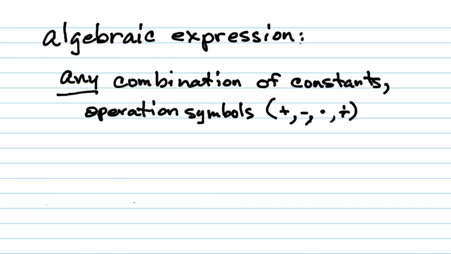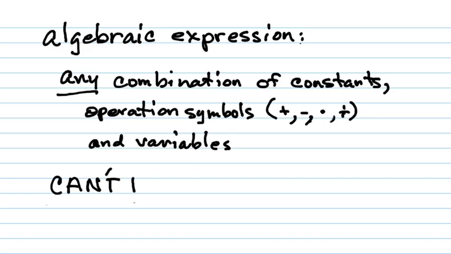Okay? Now, so a combination of constants, operation symbols, and variables. Any combination of those can make up an algebraic expression. But what it can't have, and this needs to be written big because it's really important, is an equal symbol.